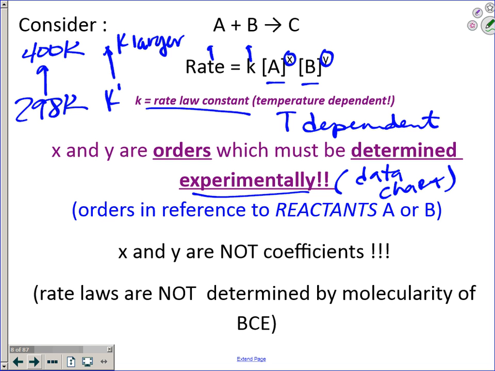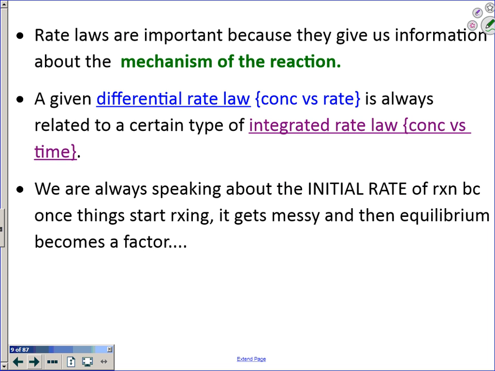Remember that coefficients do not matter for us right now. The coefficients are what we'll use with mechanisms in a couple of days. So for differential rate laws, we always compare concentration versus rate, which, remember, rate includes time. So you'll have a table with data in it, and this is the data we would have, concentration and rate data.